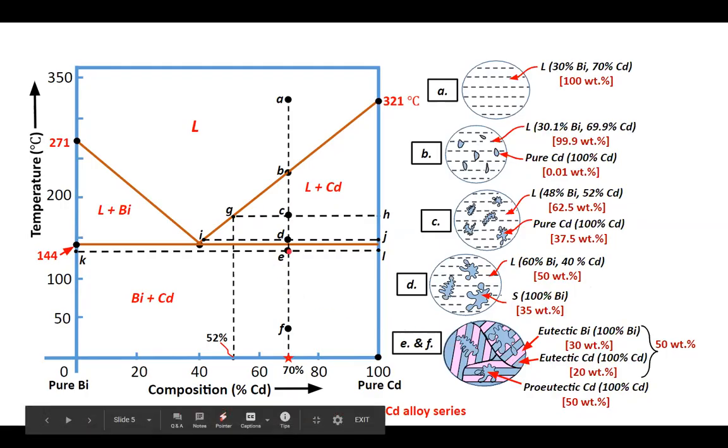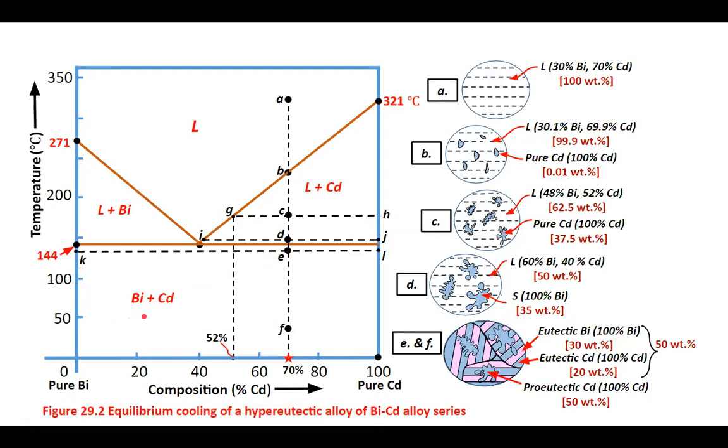You come to point E, apply the inverse lever rule, and find out the amounts of bismuth and cadmium. This gives you the total bismuth and total cadmium. Now the entire cadmium that you see in the microstructure of the material at point E is nothing but what you have received because of the eutectic reaction.